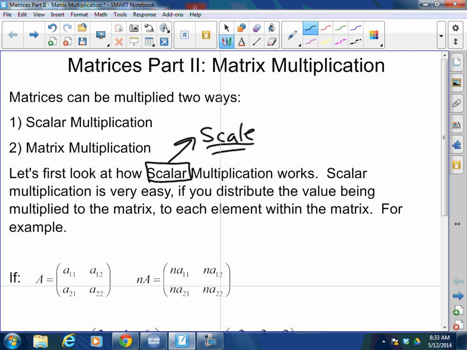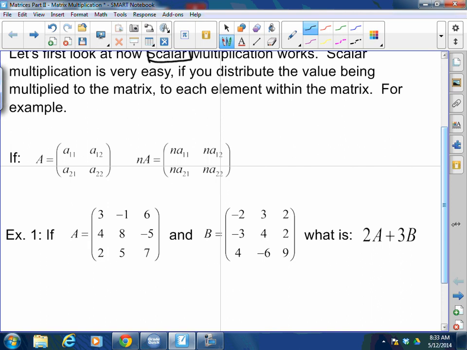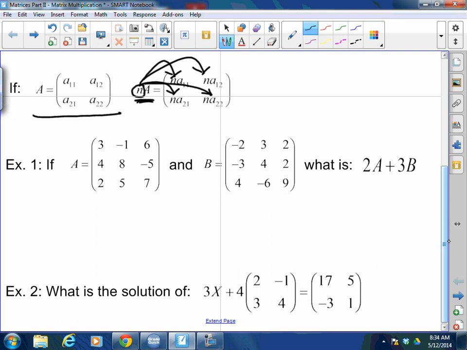For example, if you have matrix A, scalar multiplication would be multiplying some value n to matrix A, and that value n has to be multiplied to every single element. It's that easy. Scalar multiplication is really simple.